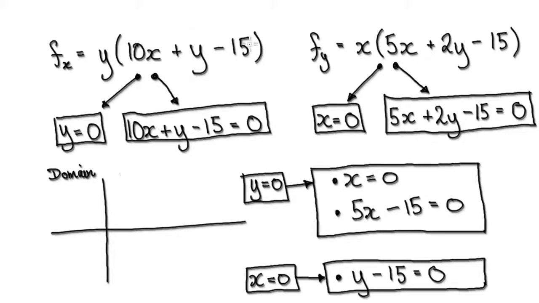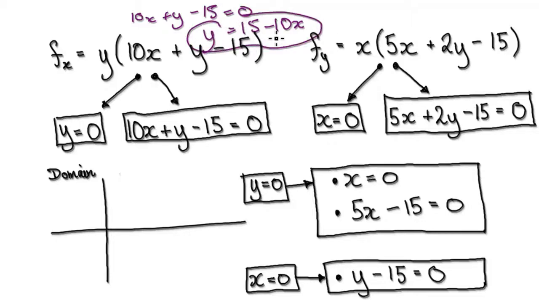Looking at these two, let's demand this to be 0. So 10x plus y equals 0. Add 15 to both sides, and then take away 10x. So y equals 15 minus 10x. If you plot this graph, you've got your intercept of 15 going downhill with a gradient of negative 10.